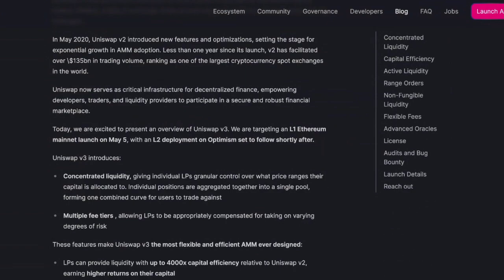So in V2, all liquidity providers were providing across the entire range on that X times Y equals K curve. So that allowed the LP tokens to be ERC20, so these fungible tokens, which was quite nice for DeFi, because that gave us another fungible token in the DeFi ecosystem where you could lock those tokens somewhere or stake them to farm or to get rewards.